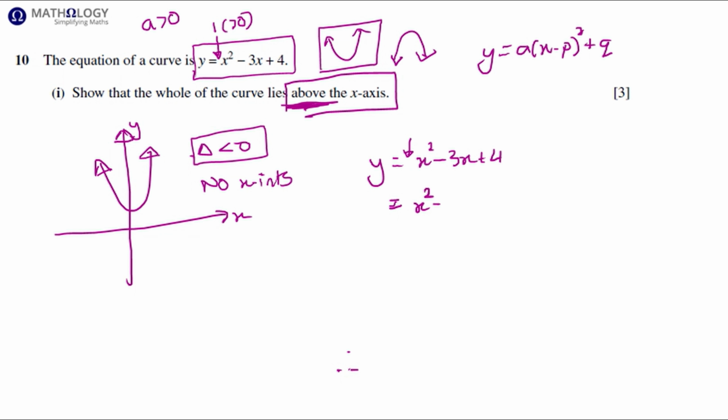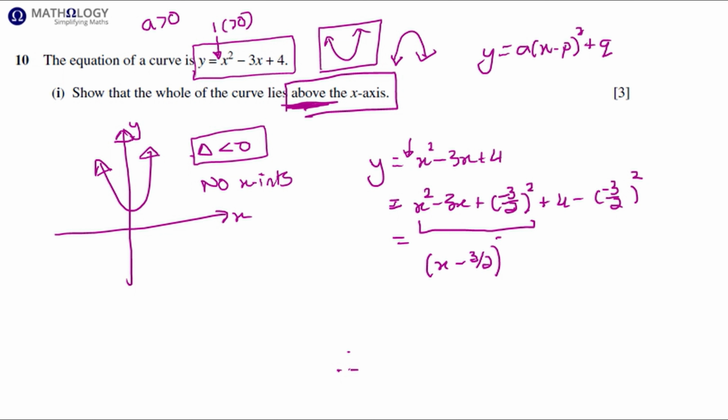We are simply going to now add a bracket squared and subtract that same bracket squared. What we put in place into that bracket is half the coefficient of x, so we put minus 3 over 2 into those brackets. The first three terms form a perfect square trinomial, x minus 3 over 2 all squared, and we can evaluate the last two terms.